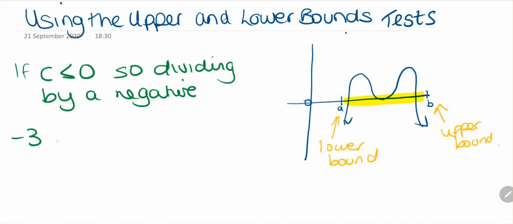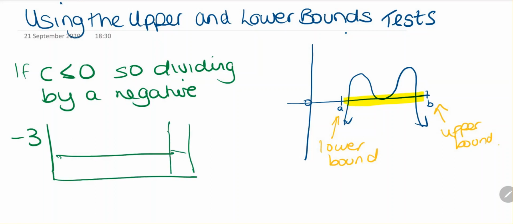Say we were dividing by -3 and our final row gave us something like 4, -6, 8, -10, 12.